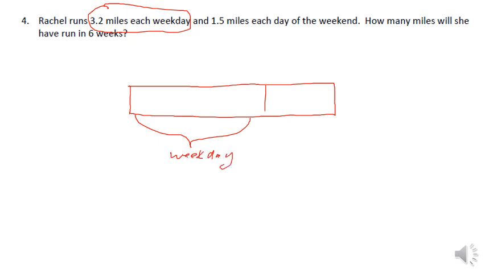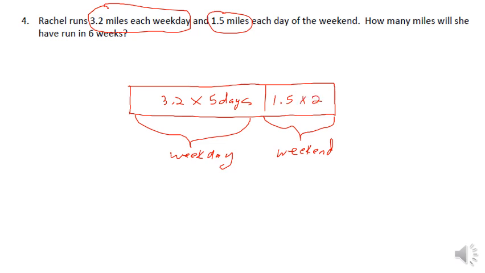And I know this is going to be 3.2 miles times 5 because there's 5 weekdays. Now this is weekend. And I know the weekend is 1.5 miles times 2 because it's Saturday and Sunday.